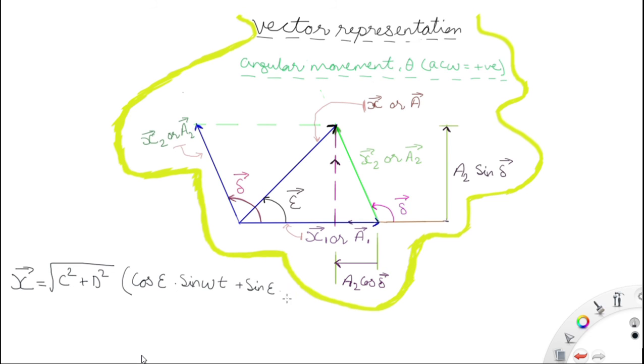So square root of c square plus d square is the amplitude of the resultant, in magnitude form.